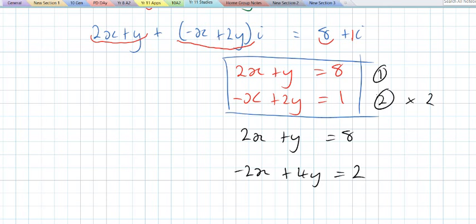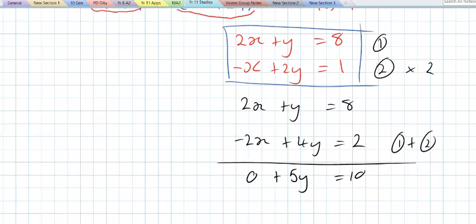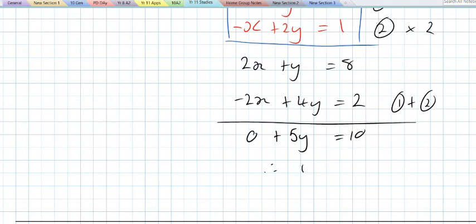Then you do line 1 plus line 2, and that gives you 0 plus 5y equals 10. Therefore, y equals 2.